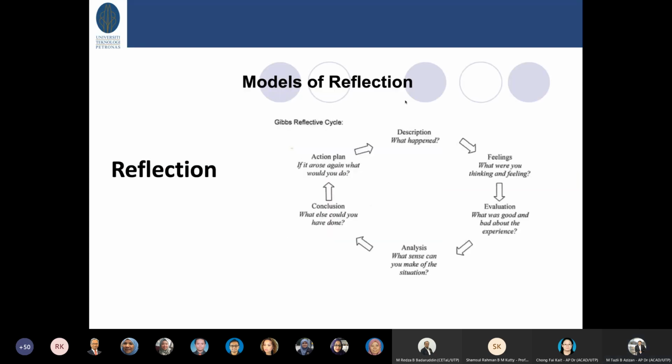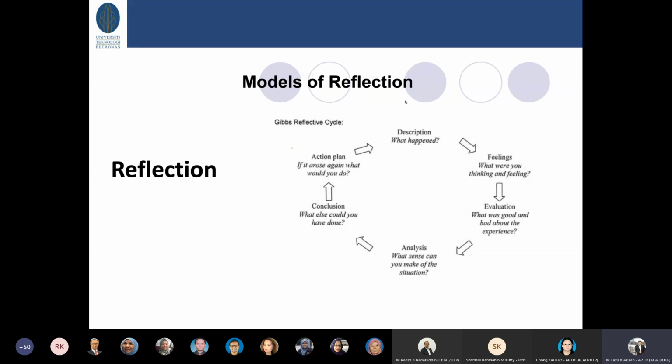And finally, one of the things that I highly recommend is reflection. I think we can ask the students to do reflection. This is where we will be able to gauge their motivation for learning, their understanding, and whether they are having certain issues in the learning process.